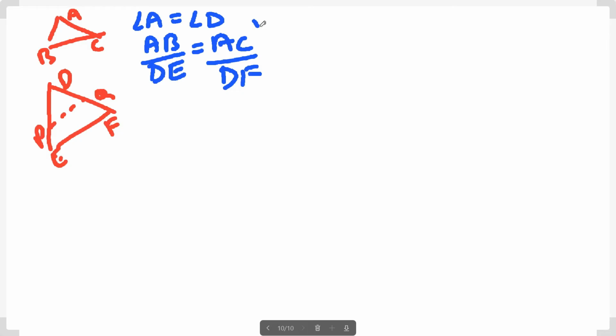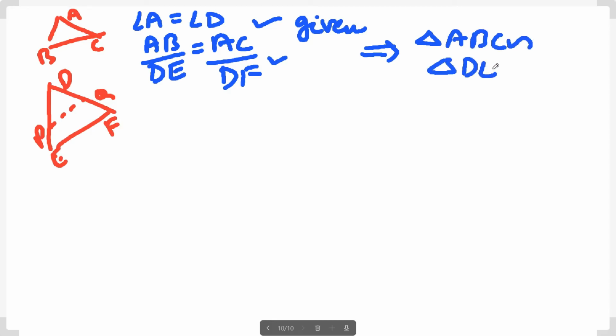We only know this, and we can prove that these are similar triangles. And if they are similar triangles, then all angles are equal and all sides are in proportion.